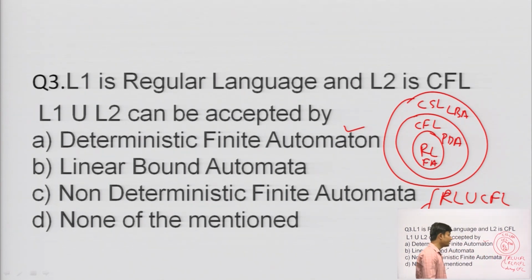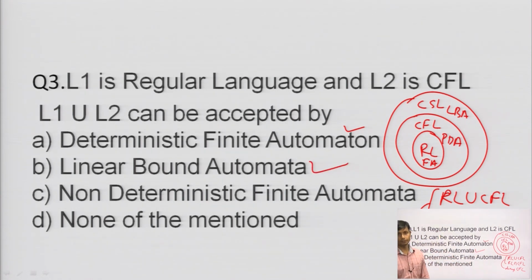Any regular language can be accepted by the finite automata, the push down automata, and the linear bound automata. Similarly, a context free language can be accepted by the push down automata and also by the linear bound automata. But a context sensitive language cannot be accepted by push down automata or finite automata. This is the Venn diagram, and that is why the answer is the linear bound automata.